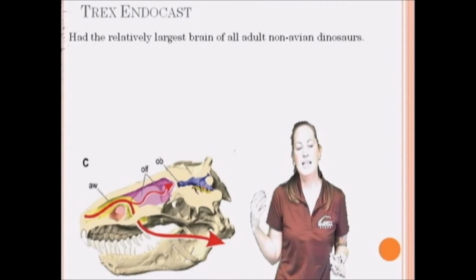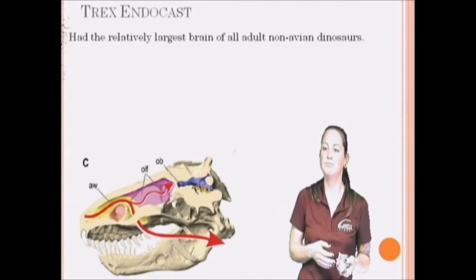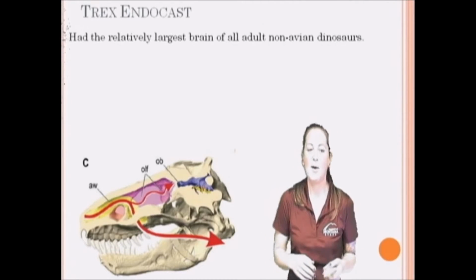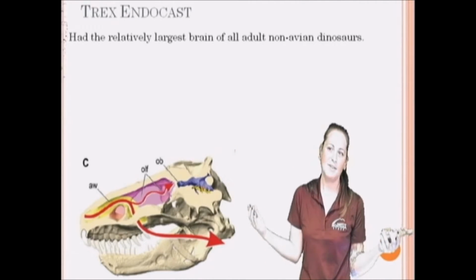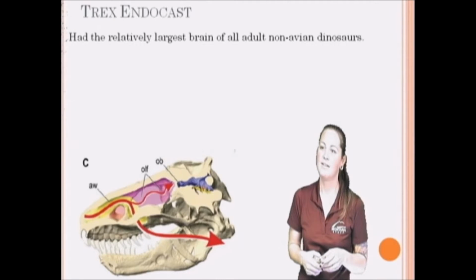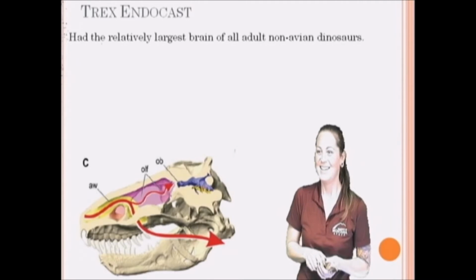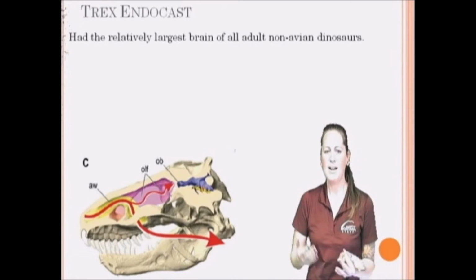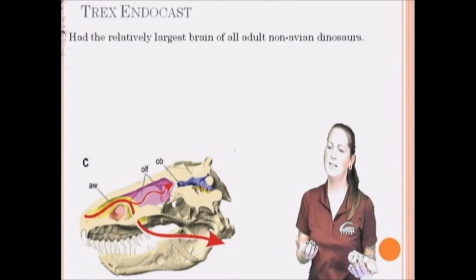Do you think that T-Rex had a good sense of smell? Yes, yeah, he did. Very good sense of smell. What would T-Rex use his sense of smell for, you think? That is very debatable. So maybe scavenging, maybe hunting, smelling prey. But what else do animals use their sense of smell for?